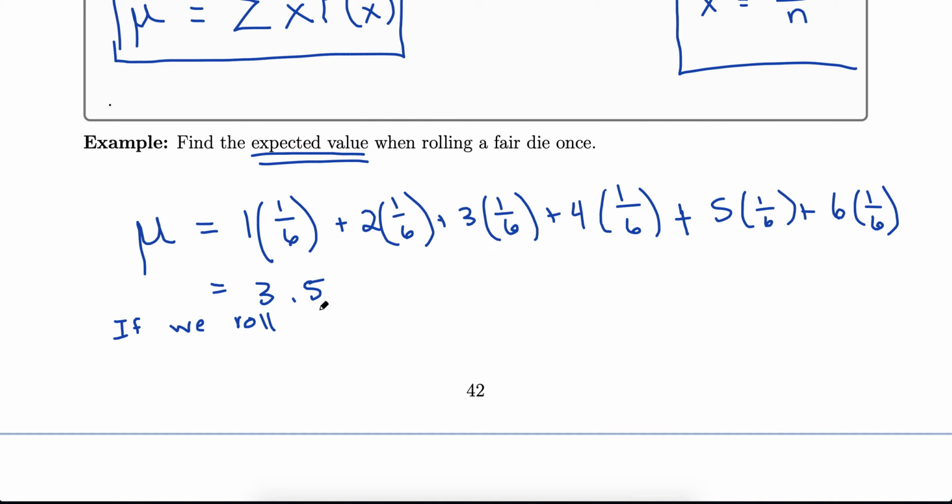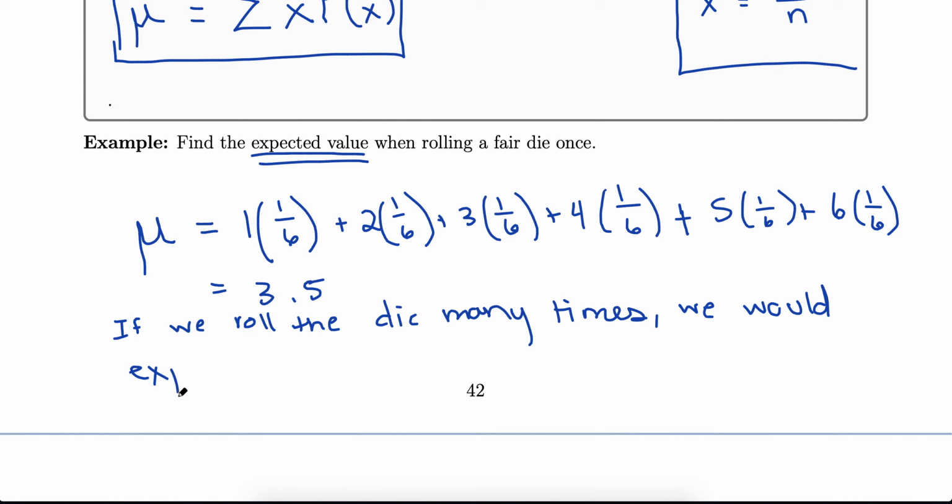All this was theoretical. If we roll the die many times, we would expect, kind of part of the definition here, expected value, the average face value to be 3.5.